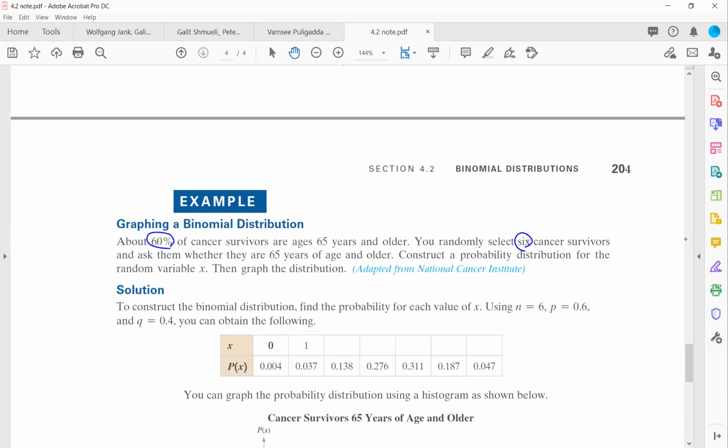Perfect. Okay, so what do we have here? First of all, this is a binomial distribution. P is 60%, N is equal to 6, and since X is not given, it means that X can be 0, or 1, or 2, or 3, or 4, or 5, at most 6.